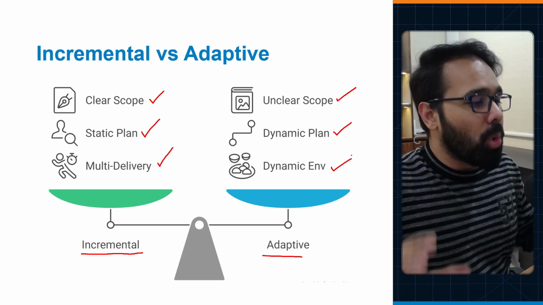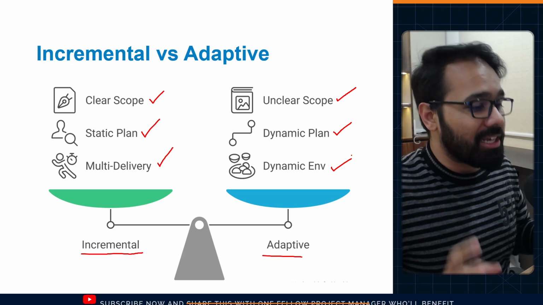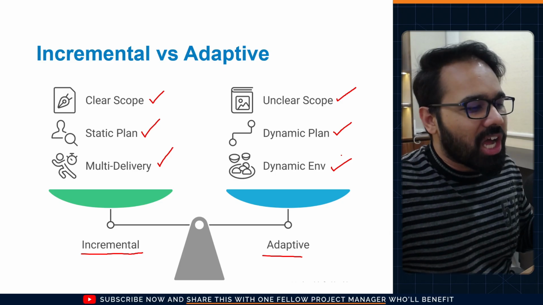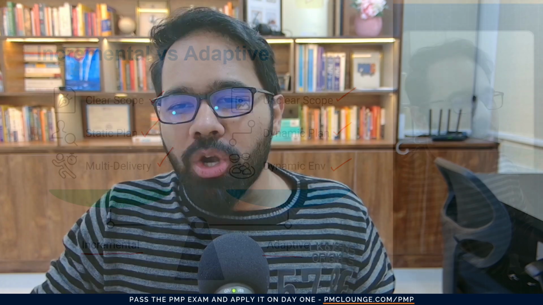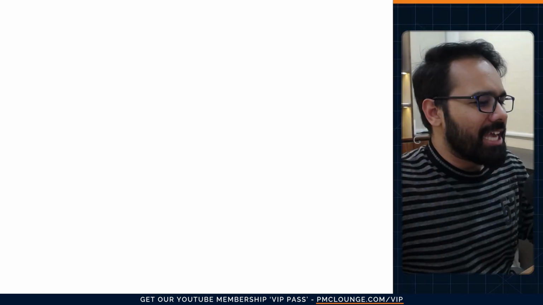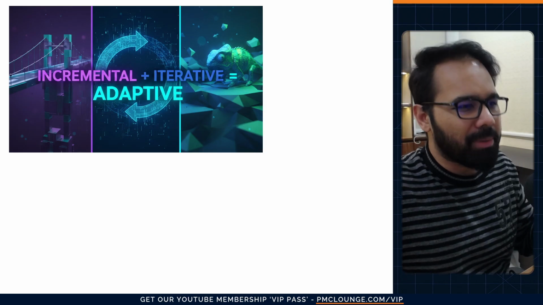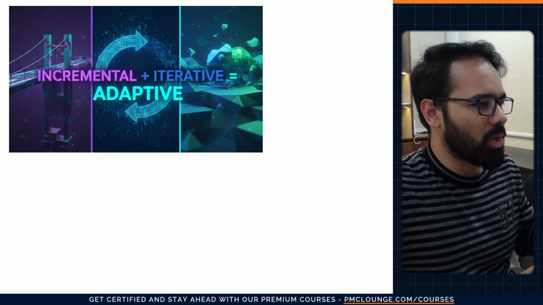Now remember, both of these have multiple deliveries. It's just that in an adaptive environment, things are changing based on continuous feedback, while things don't change as much in your incremental approach. So finally, as I was saying, incremental plus iterative equals adaptive.